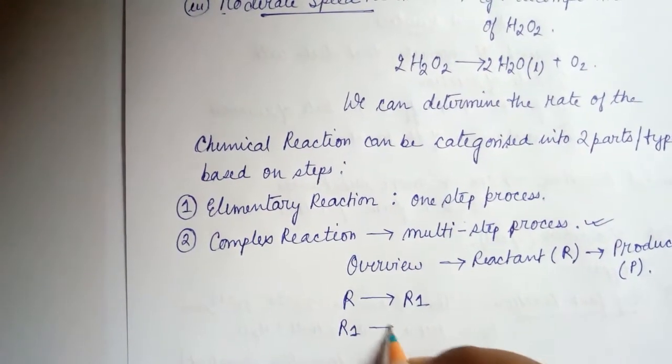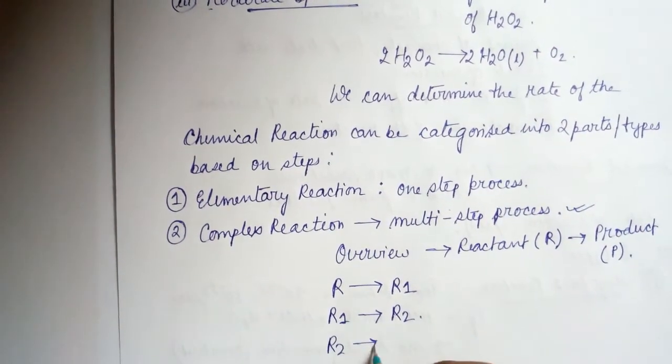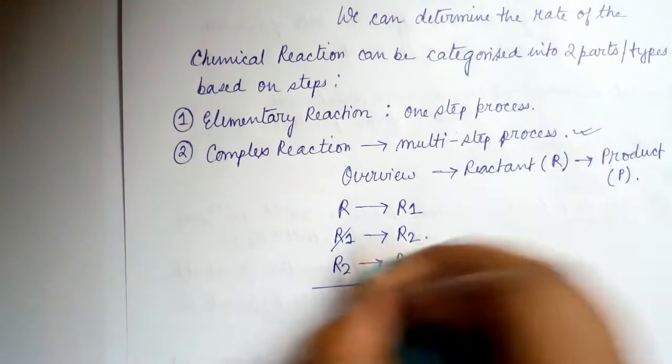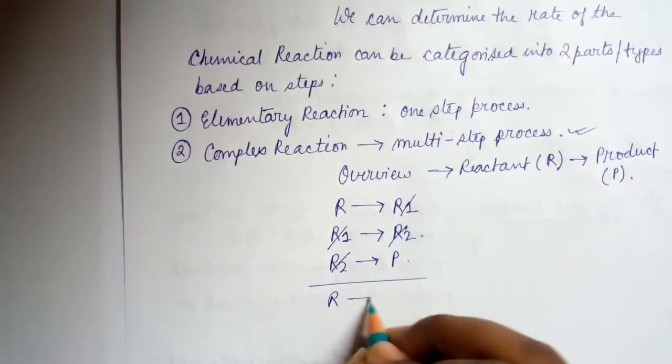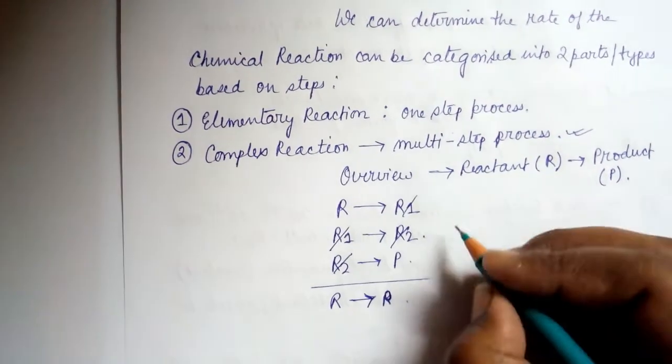Now again R1 reacts to give a product like R2. Now R2 when it reacts gives the product P. Ultimately when we sum up, everything cancels out and the product is P. Got it? The reaction flows in this way.